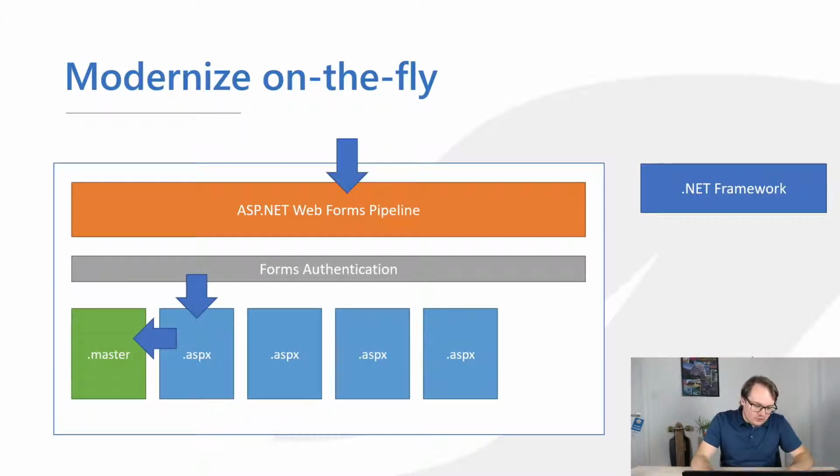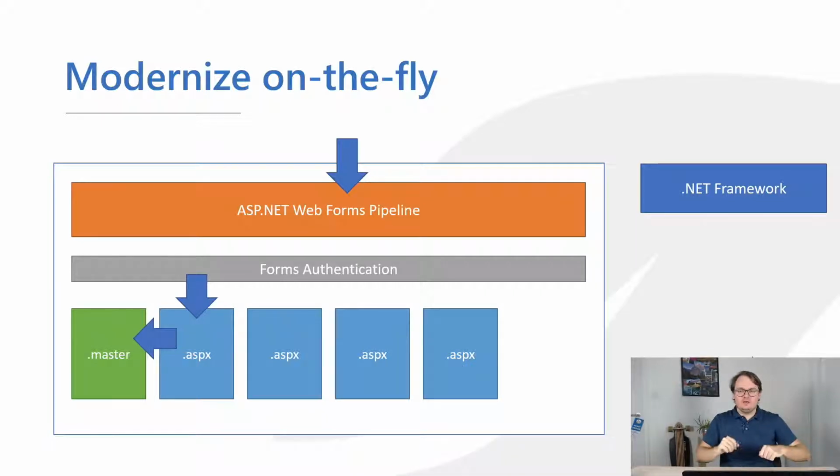If you want to modernize this application, and it's large, with hundreds of pages, it's not easy, because you would need to replace all those pages with something else before you can go to .NET Core or .NET 5. With .vvm, you can do it in place.